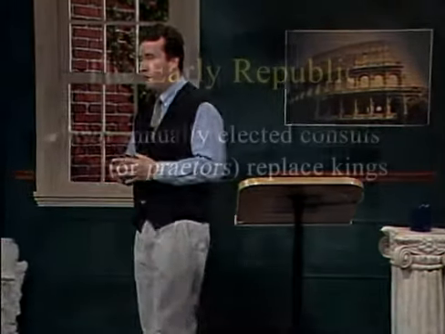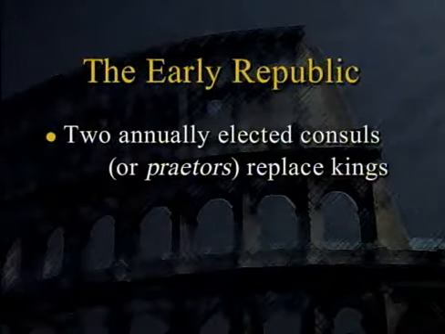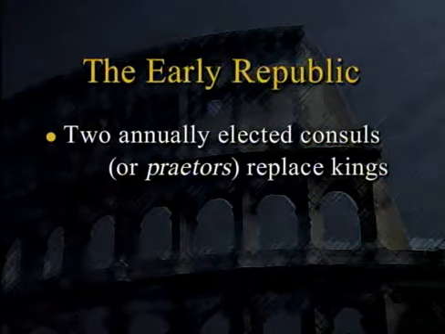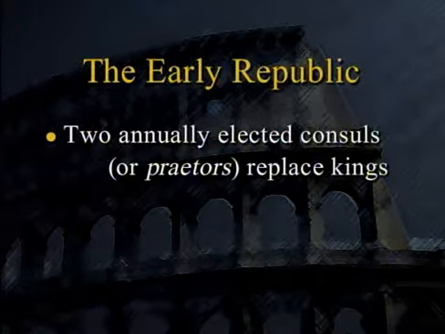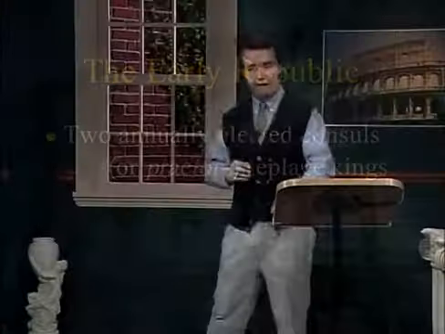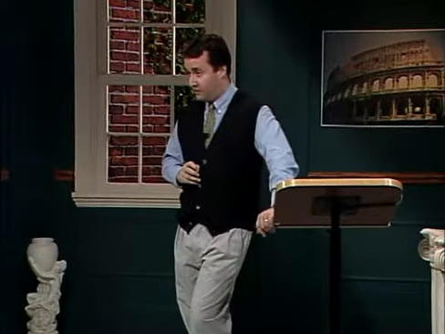Essentially, the kings are replaced by 2 annually elected magistrates who are called consuls or possibly praetors, which the latter phrase, praetor, seems to be a form of magistracy that's found within Etruscan cities. It may be that the Romans adopted that term first to indicate these 2 annually elected magistrates.